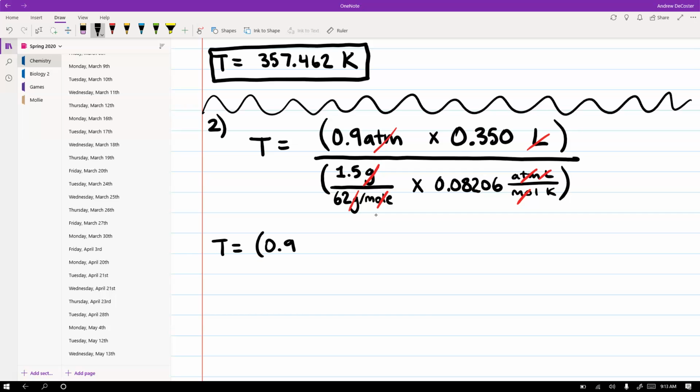So 0.9 times 0.350 divided by 1.5 divided by 62, all in its own set of parentheses.